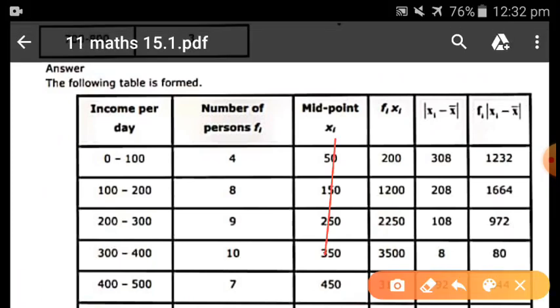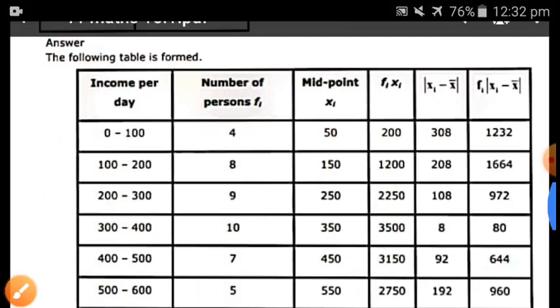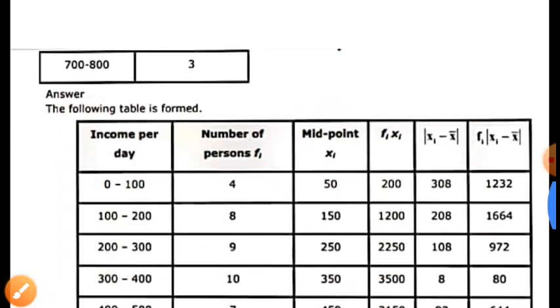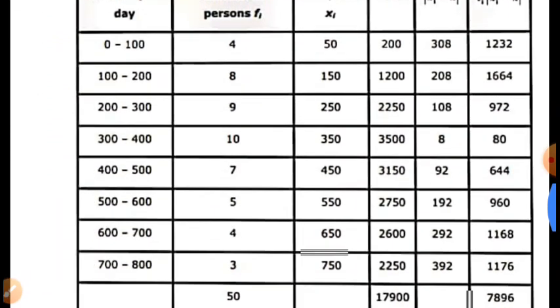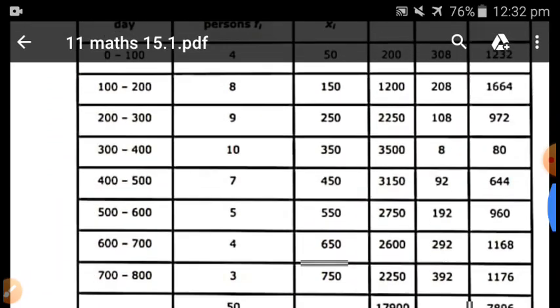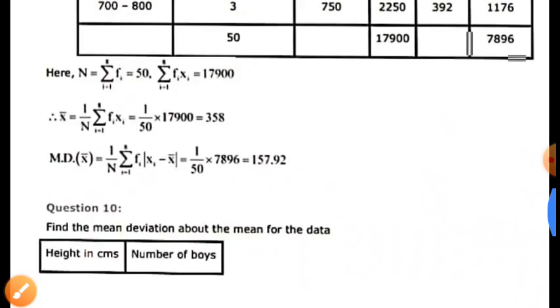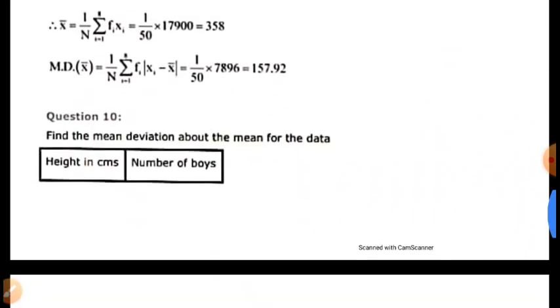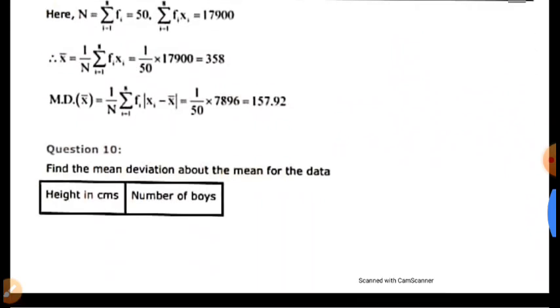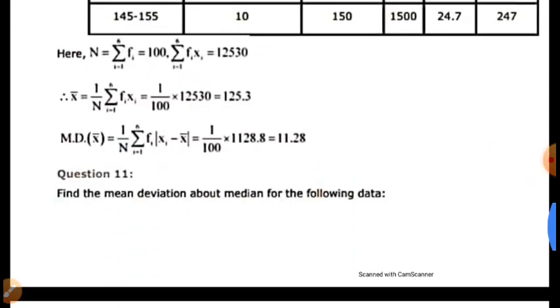From these observations, the mean value 358 that you got should be subtracted. The corresponding values you will get are 308, 208, and so on. After subtracting the mean value, find the mean deviation. The 10th problem is also in the same way.